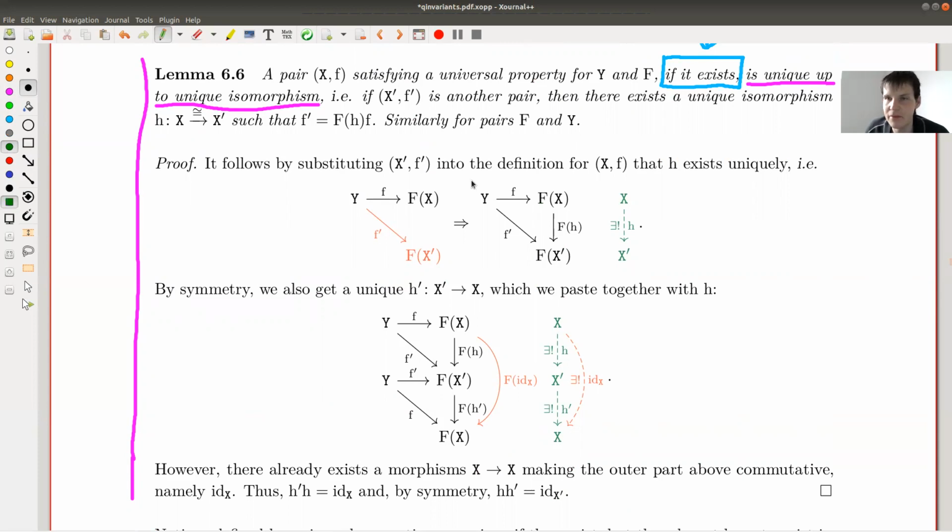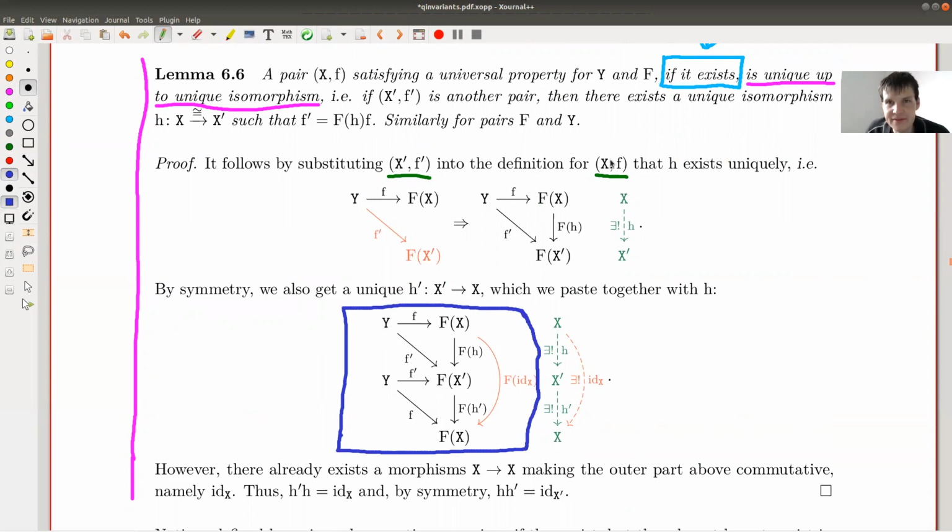So the way to prove it is, assume there's another pair. So we have two pairs, our starting pair and some prime pair, and they both satisfy the same universal property. And what you can then do is just paste things together.